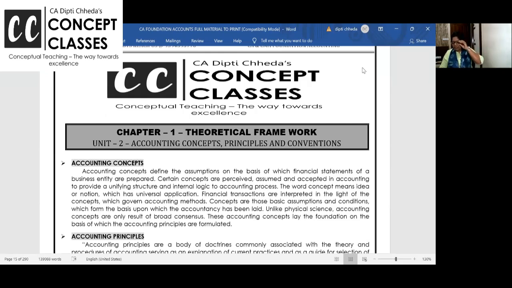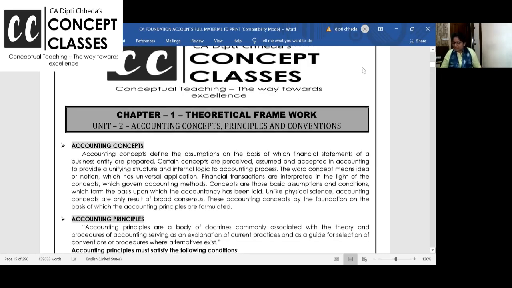This is your unit 2: Accounting concepts, principles and conventions. Now, in the first unit, we have seen what are the advantages of accounting, what are the disadvantages, limitations, and all. Now, let us start with the accounting concepts, principles, and conventions.